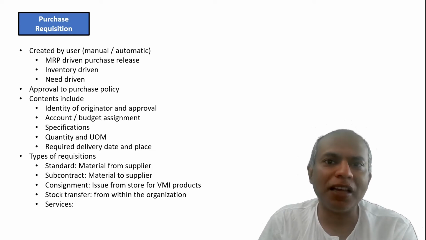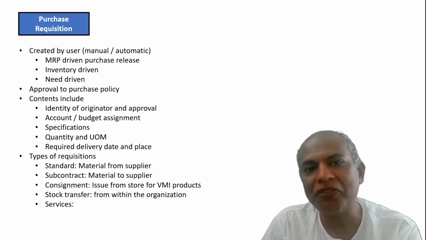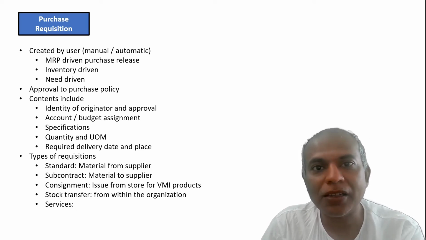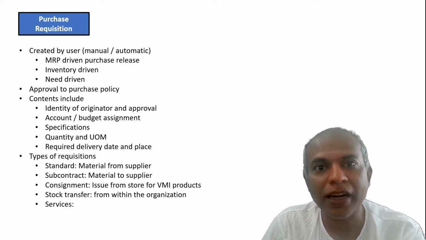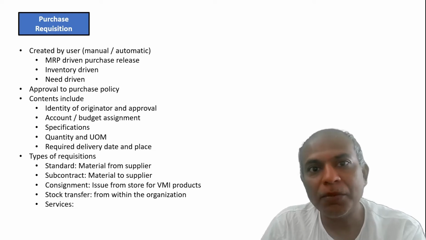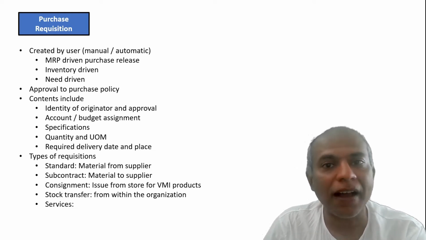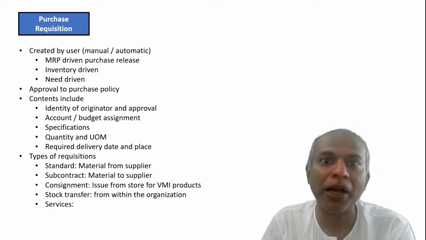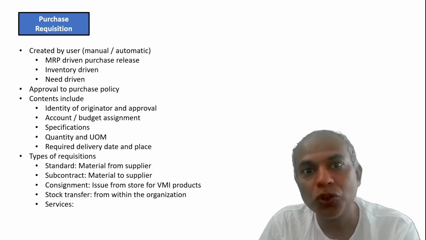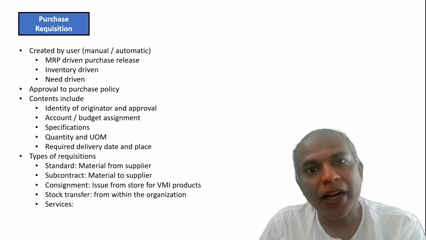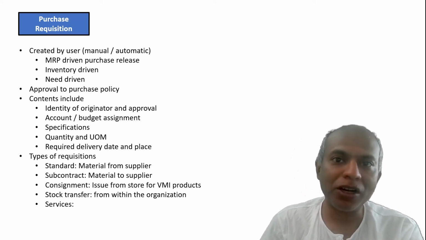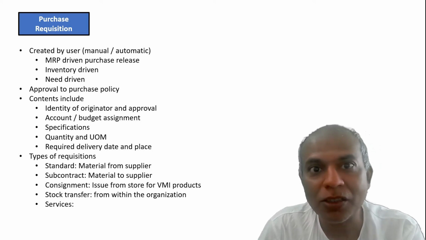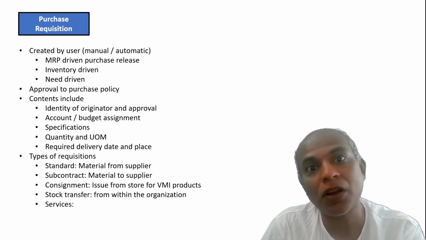Third is the consignment. In typical arrangements like VMI, vendor managed inventory, the supplier stores the product at the buyer's facility, and the buyer pays X days after usage. So now that product, which is already at the buyer's facility, has to be consumed and used up. And the buyer cannot just pick up the material from the stores, because the ownership of that material, though it's in the buyer stores, is with the supplier.